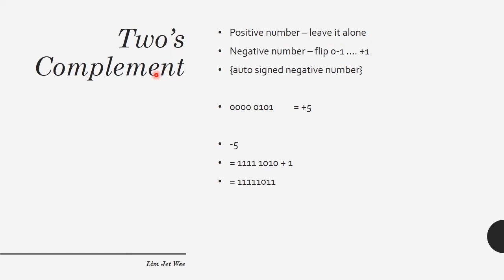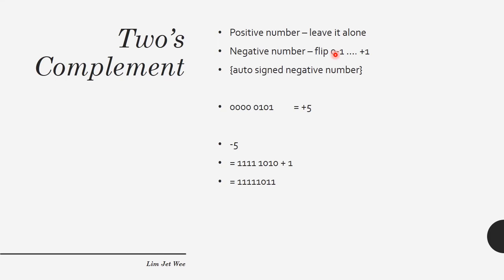So in two's complement, if you are dealing with a positive number, then just leave it alone. You do not change the positive number. But if it is a negative number and you are required to do a two's complement to it, then you have to flip every 0 to 1 and every 1 to 0, which is your one's complement.